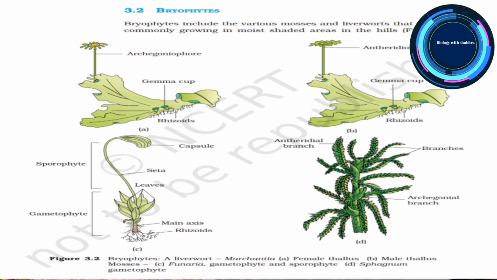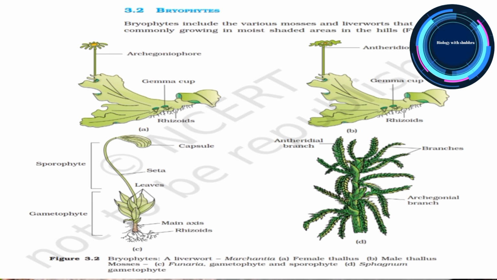In the diagram, we can see the liverwort Marchantia. A female thallus is given in A. Archegoniophore is the female sex organ, and a gemma cup is present in the thallus, from where the gametes were formed from the spore, and rhizoid is present, which is attached to the soil.